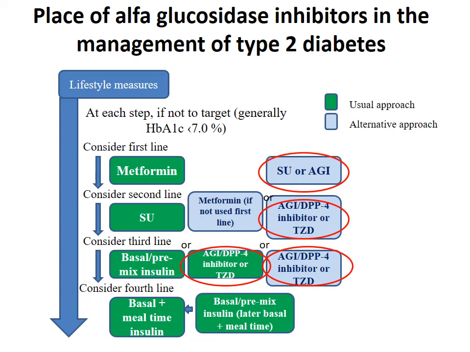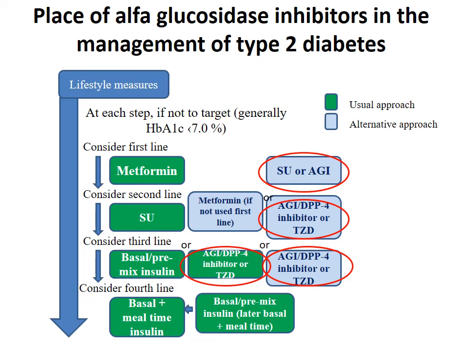Usually treatment is started with lifestyle modifications. At each step, if the target is not reached, which is HbA1c less than 7%, we move on. We start with lifestyle modification, then if the target is not reached, add metformin, then if not controlled, add sulfonylurea.